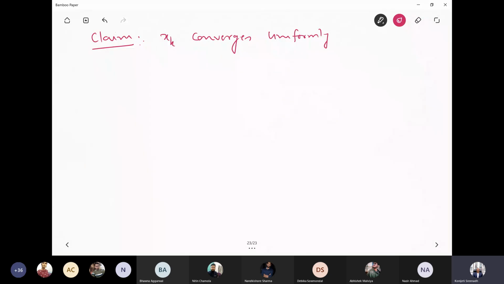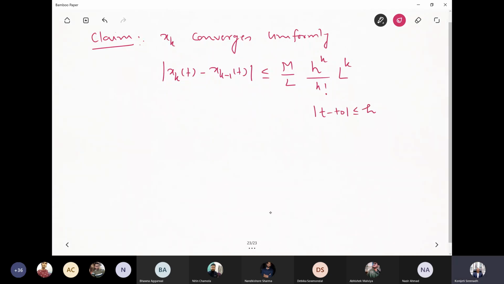So we claim that |x_k(t) - x_{k-1}(t)| is less than or equal to M/L times (hL)^k divided by factorial k, that is, h^k L^k by k factorial, for all t in this interval.